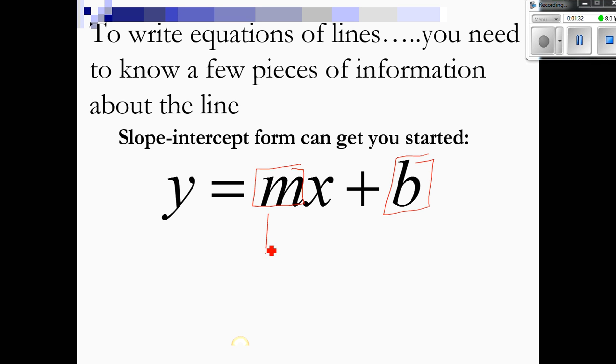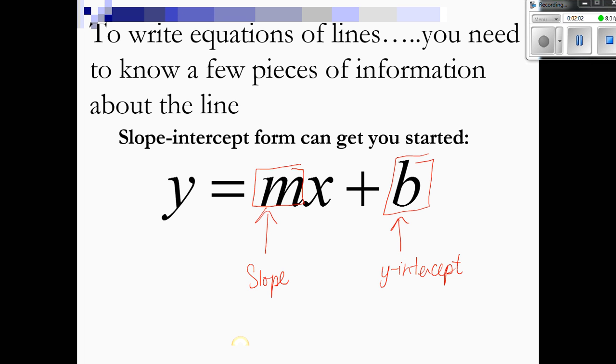The m represents the slope of the line, the rate of change, the rise over run. The y-intercept is represented by the b in the equation. And so those are two pieces of information we're going to focus on today and what we need in order to be successful in writing all the equations of our lines.